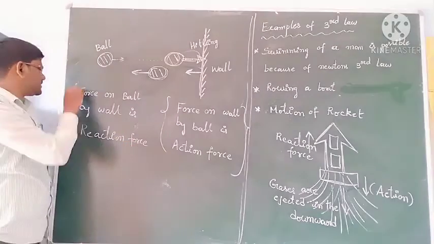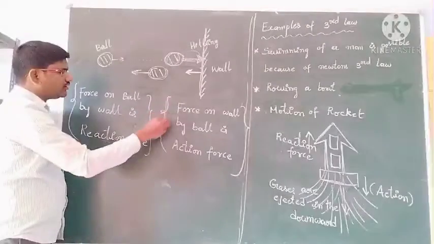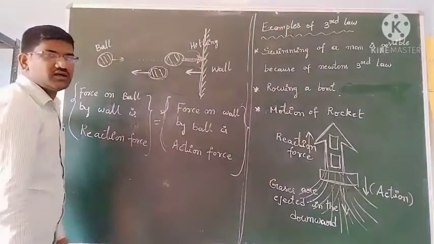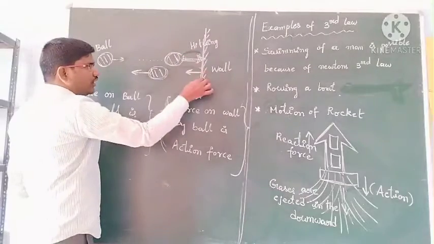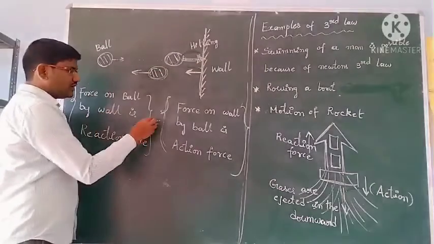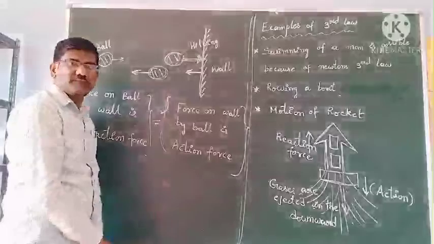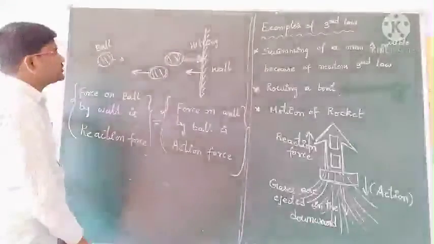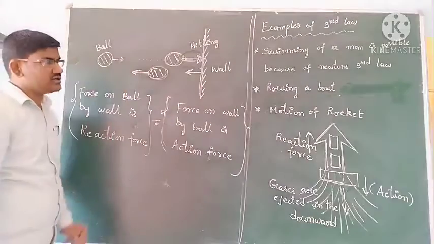Okay students, see, they are acting on two different objects. Action is on the wall, reaction is on the ball. So they are acting simultaneously. Okay, this is an example. The motion of the ball towards the wall is an example.